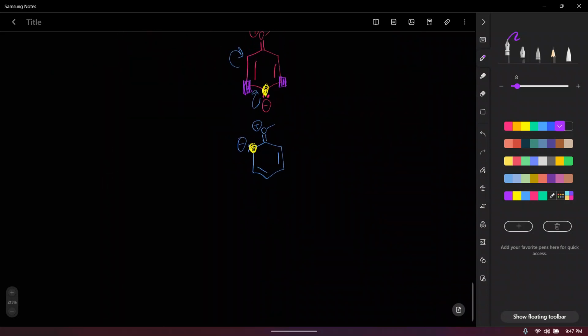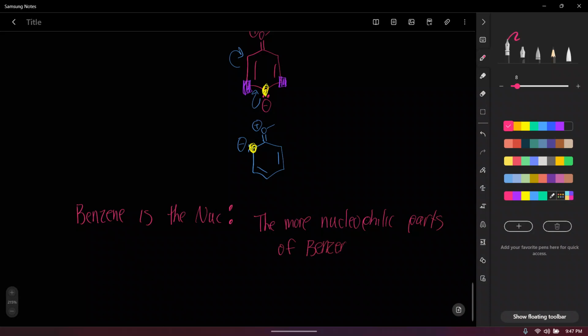And if you remember, in EAS, benzene is the nucleophile. So if benzene is the nucleophile, then the more nucleophilic parts of benzene will be the parts that react.